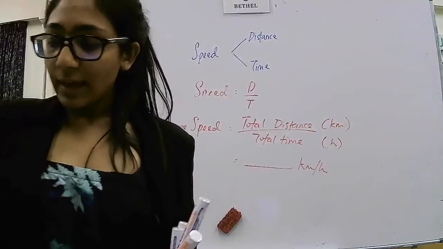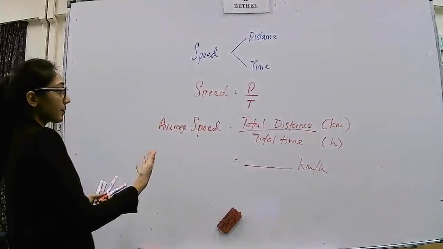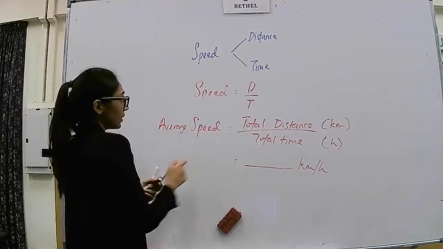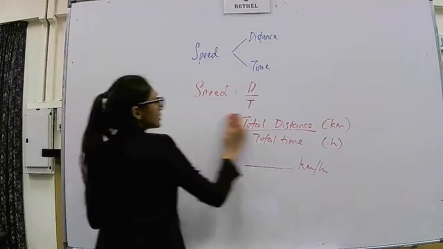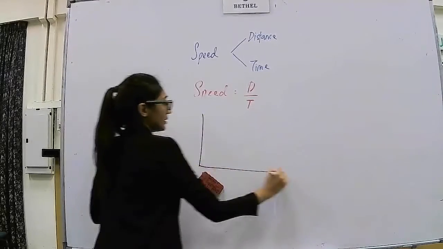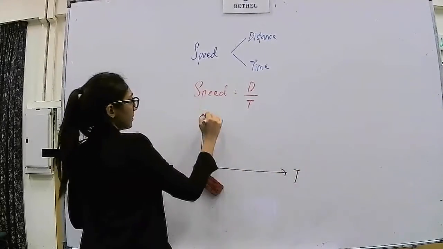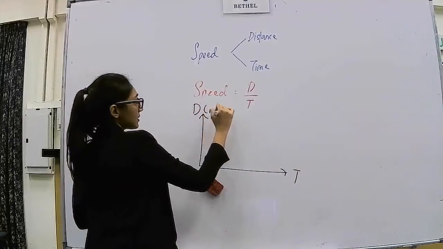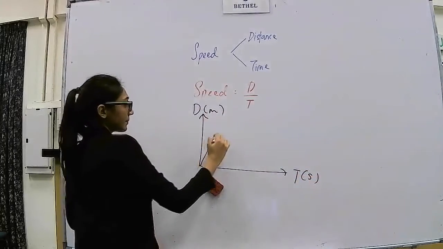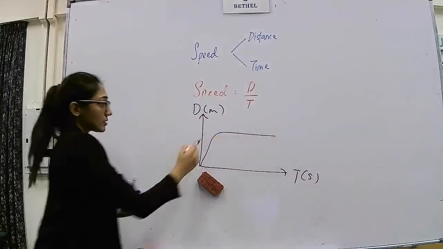These elements can be represented in a graph. I have distance and time, so I can come up with a distance time graph. For a period of time, the total distance traveled. Let's say I'm going like that, and suddenly it's a straight line.